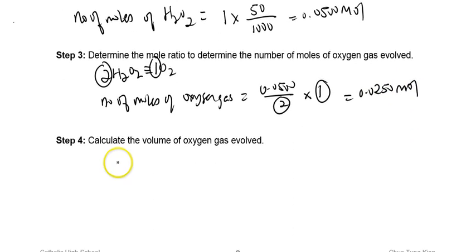And with this, the volume is easily calculated. It's simply number of moles multiplied by 24, and I get 0.600 dm cube of oxygen gas evolved.